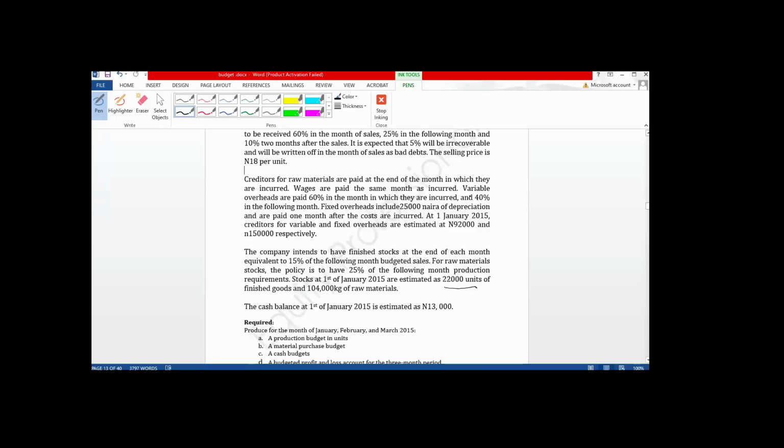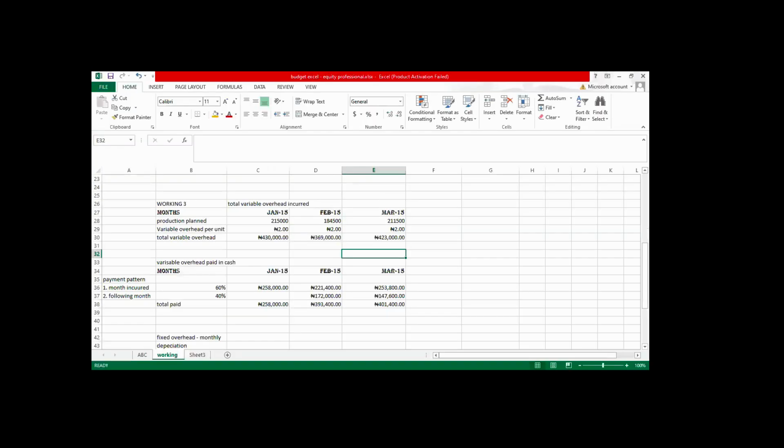Variable overheads are paid 60% in the month in which they are incurred, and 40% in the following month. Is that clear enough? Yes, sir.